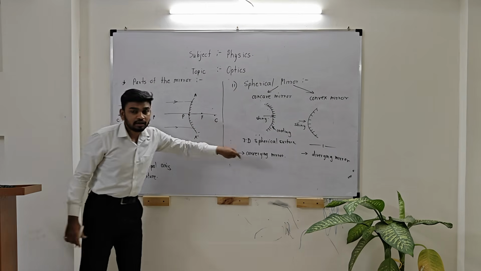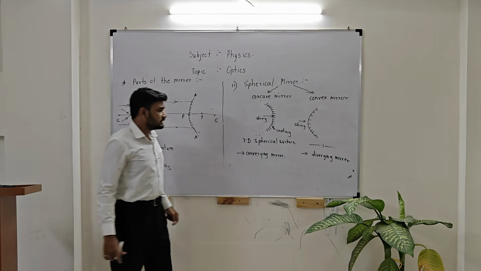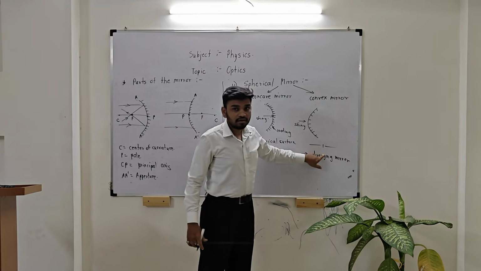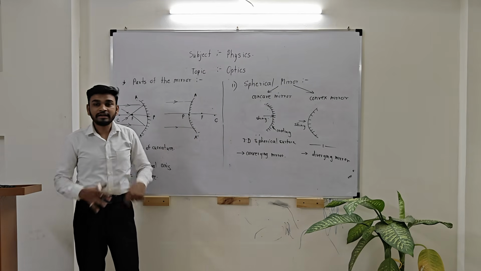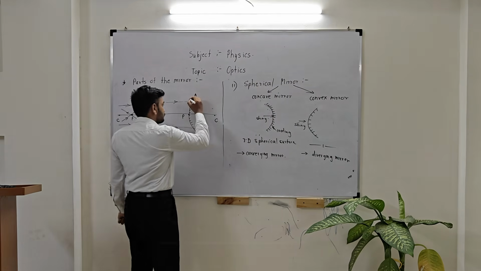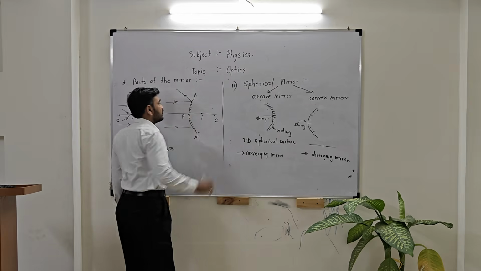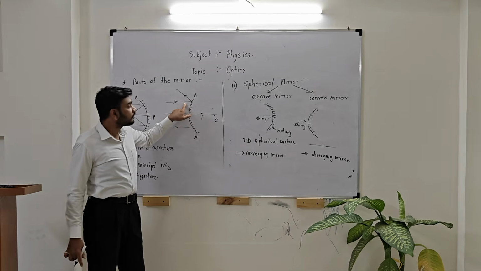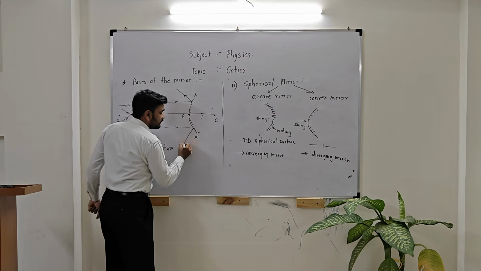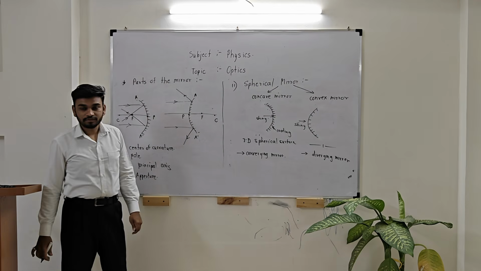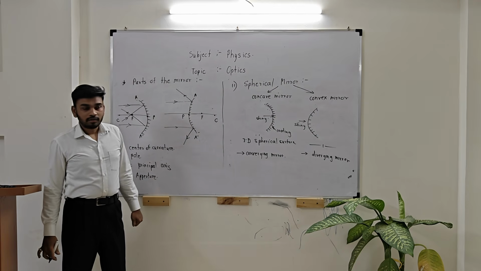But the convex mirror diverges the rays of light. Here, after reflection, the light gets spread out like this. So the incident ray of light is reflected and diverged.